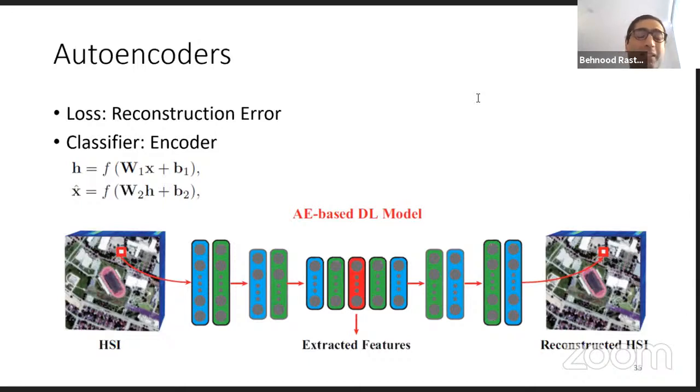This classification is often called segmentation in computer vision. They use different terminology for this. There are other types of networks in computer vision, like Mask R-CNN or Faster R-CNN, which are more suitable for object detection problems.